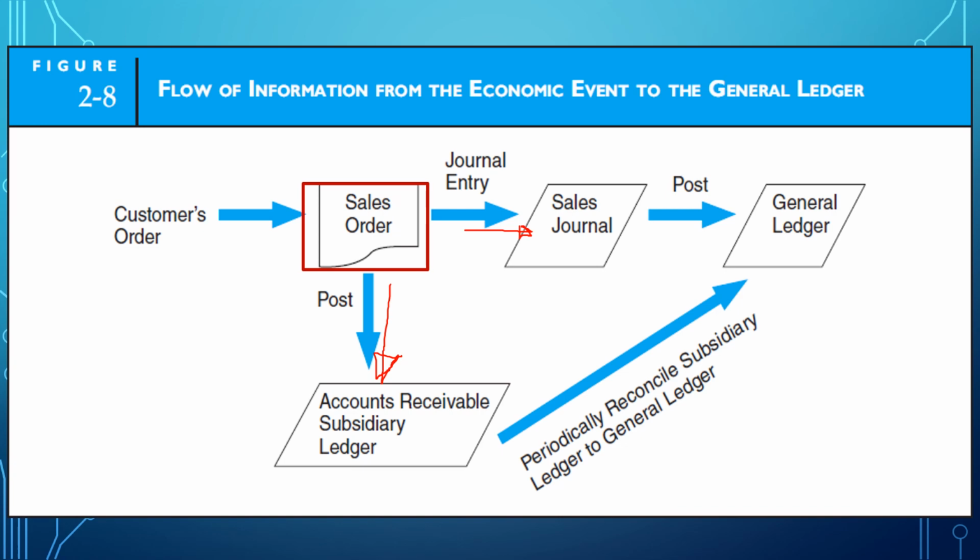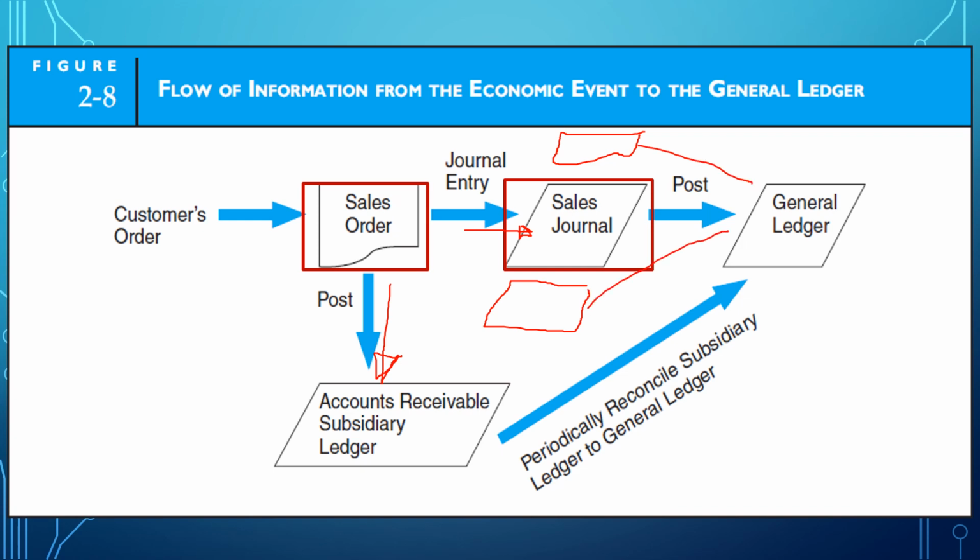And then the sales journal and other journals, like cash, when they receive the cash, and also the account receivable journals, will all be posted to the general ledger.